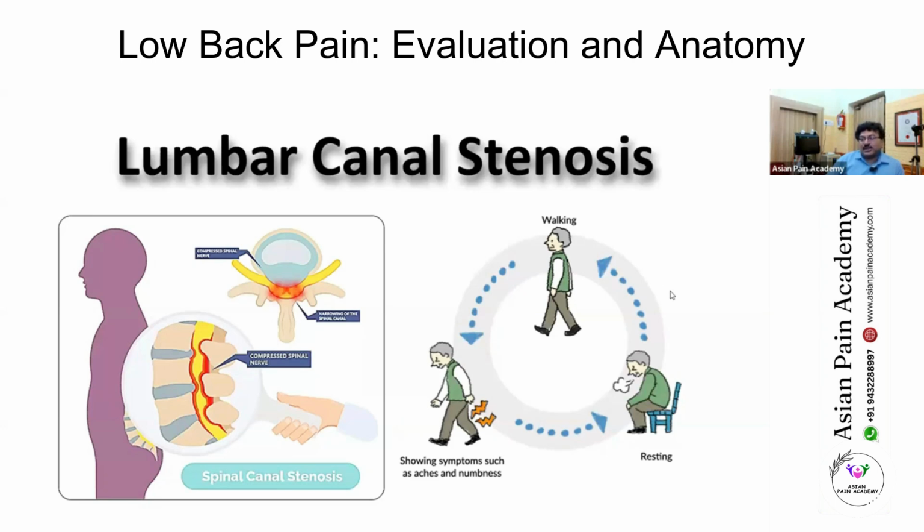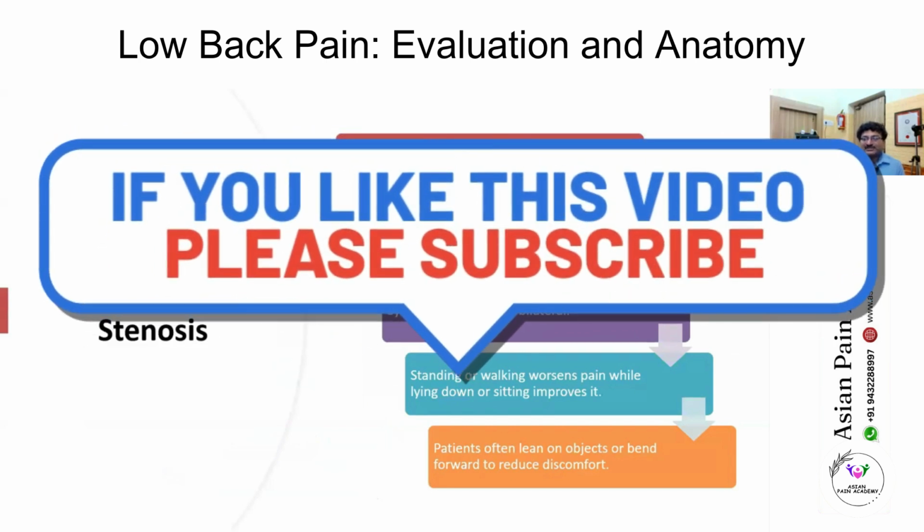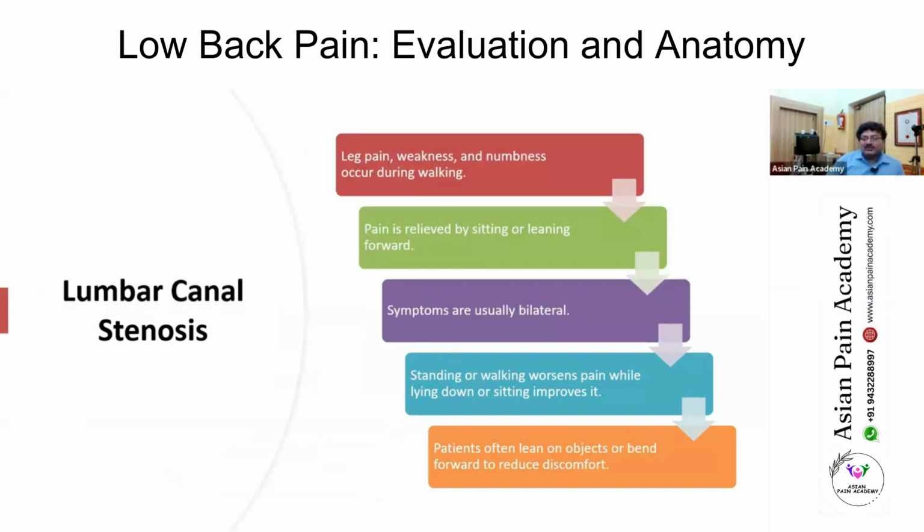So what will happen in lumbar canal stenosis? There will be leg pain, weakness, numbness occurring during walking. Pain is relieved by sitting or leaning forward. Symptoms are usually bilateral. Standing or walking worsens the pain, while lying down or sitting improves it. Patients often lean on objects or bend forward to reduce the discomfort.